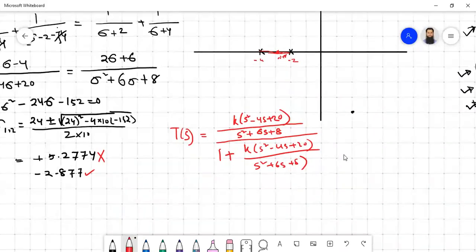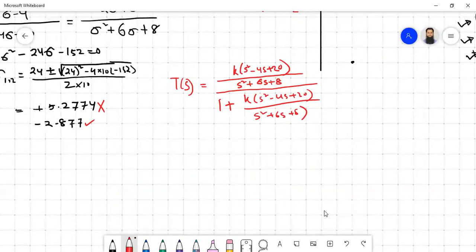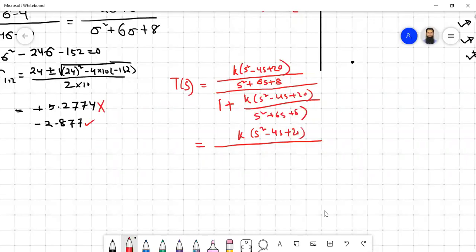If we try to simplify this one, we get K into s square minus 4s plus 20 in the numerator, and in the denominator s square plus 6s plus 8 plus K into s square minus 4s plus 20.